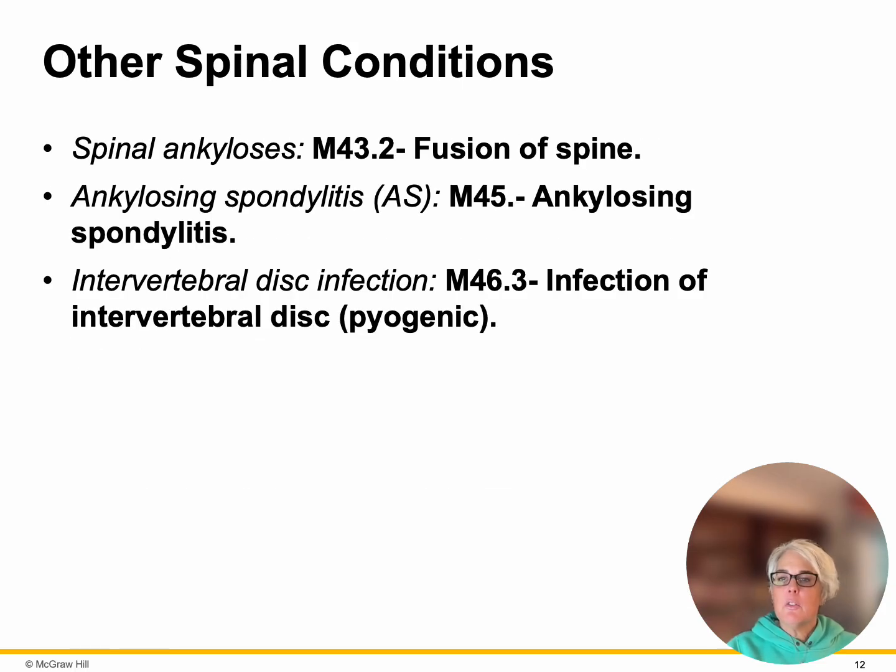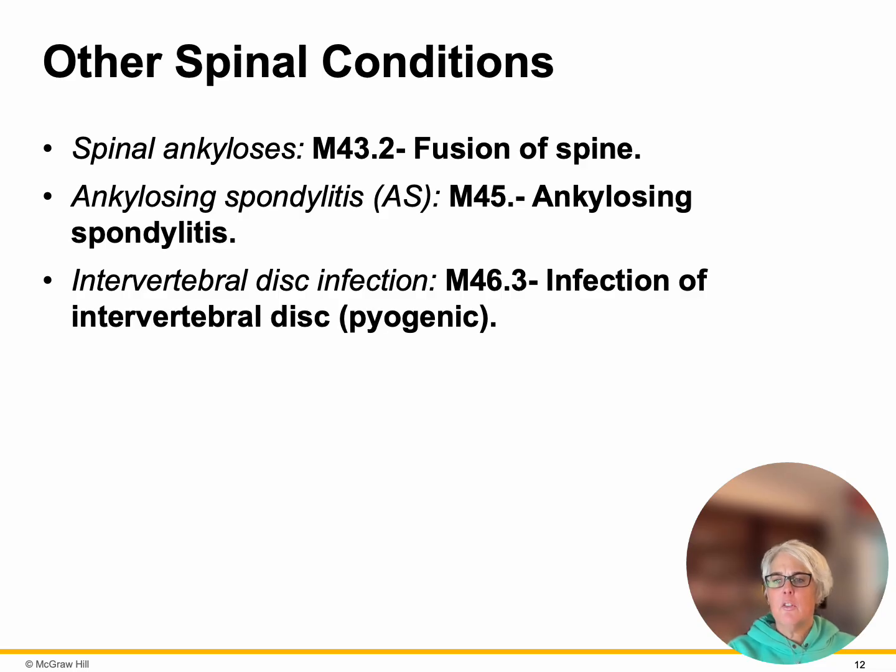Here we see additional spinal conditions you'll encounter in coding. Spinal ankylosis are conditions where segments of the spine are fused, which can be coded as M43.2. Ankylosing spondylitis is a chronic inflammation of the spine and sacroiliac joints, which is coded to M45.